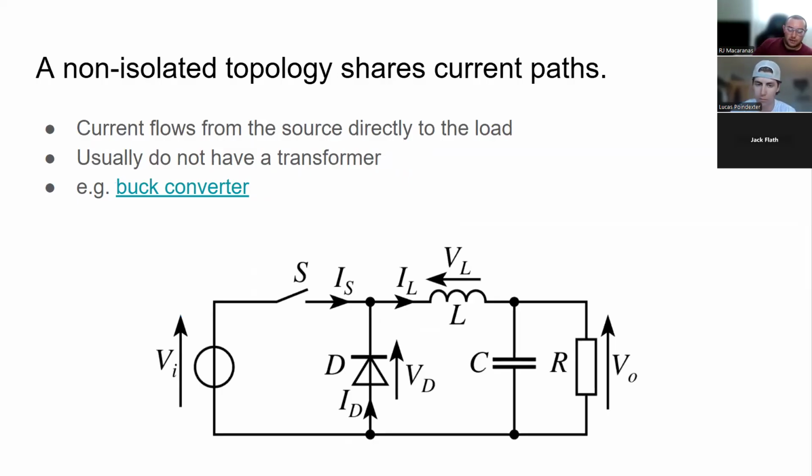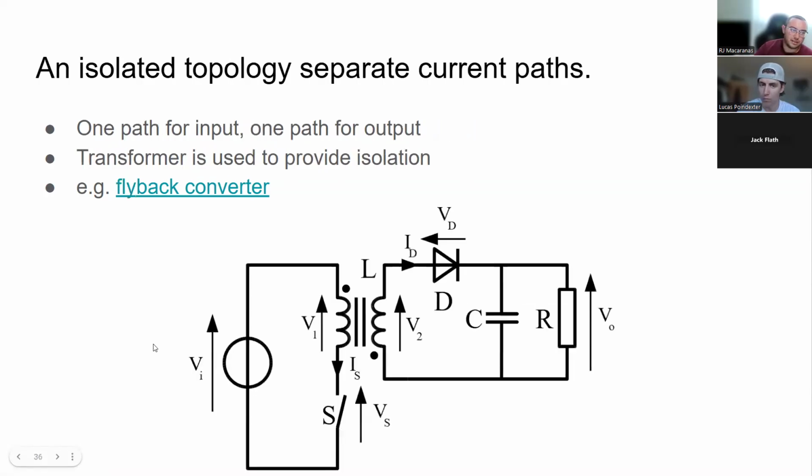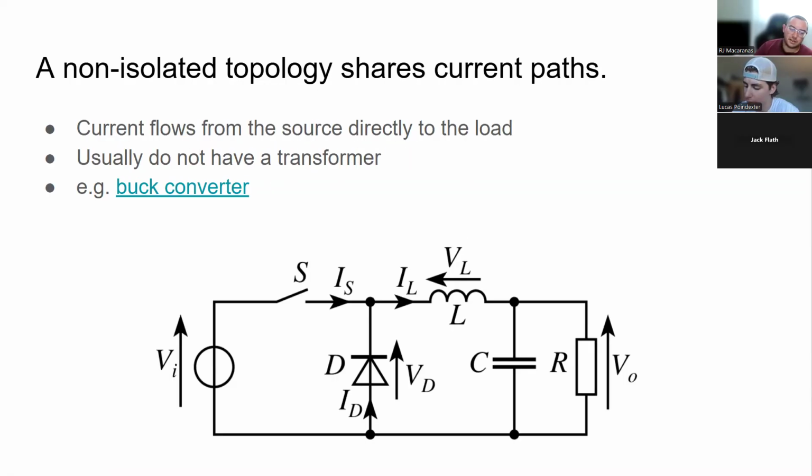Then there are non-isolated topologies that share the current path. Here we have the buck converter. They usually don't have a transformer. There are some cases, such as a non-isolated version of a flyback, which we don't need to get into now, but it just uses the transformer as coupled inductors and isn't necessarily isolated.